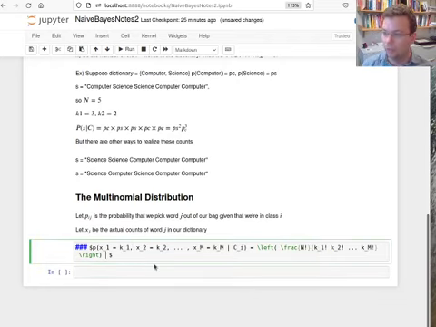Well, it is going to be p1 raised to, actually I'm in the ith class, so I'll say p i1 raised to the k1 times p i2 raised to the k2, all the way up to multiplying by p im raised to the km.